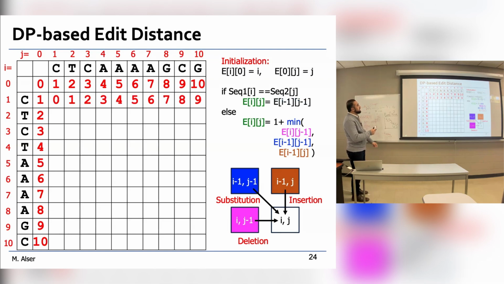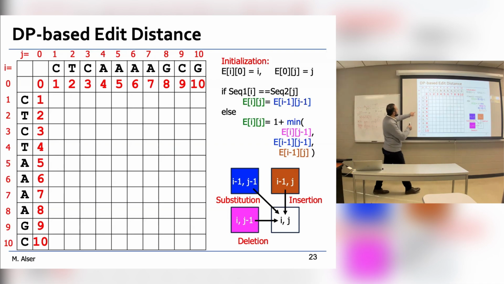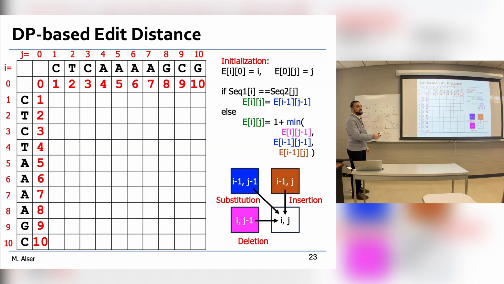Now let's see the T and C. Are they similar? No. C is not similar to T. Then which one are we going to apply? The else condition. And what does it say? It says 1 plus the minimum out of these three values.